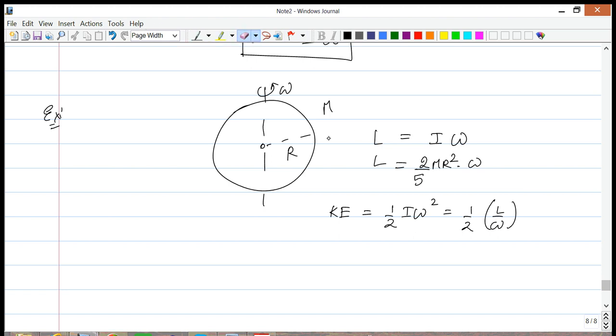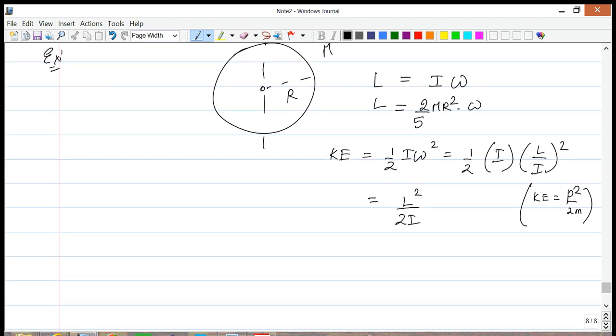We know omega is L over I, so I can leave I the way it is, and rewrite this as L over I square, and you can rewrite this as L square over 2 times I. Okay, this is very similar to KE equals P square over 2m. So there are a lot of similarities between translational motion and rotational motion.